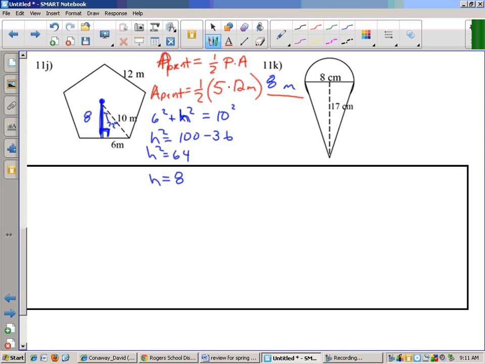And just for giggles, just because I want to know, if this is sine of 72, somebody plug that in your calculator and tell me what that is. Sine inverse of 6 over 10.